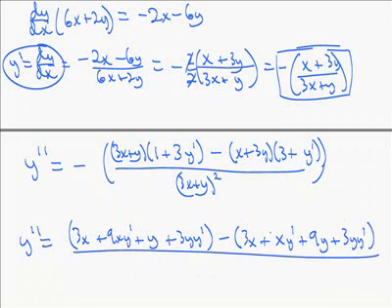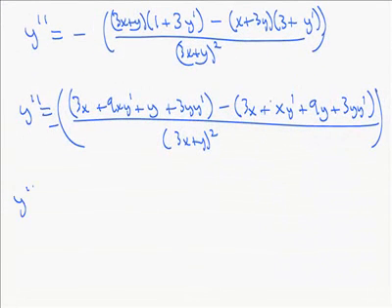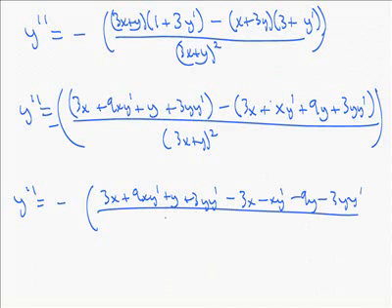All of that over the quantity 3x plus y squared, and we're taking the negative of all that, remember. Simplifying the numerator, we get that y double prime is equal to the negative of 3x plus 9xy prime plus y plus 3y y prime. Distributing the negative through the second quantity, we get negative 3x minus xy prime minus 9y minus 3y y prime. All that divided by our original denominator squared.